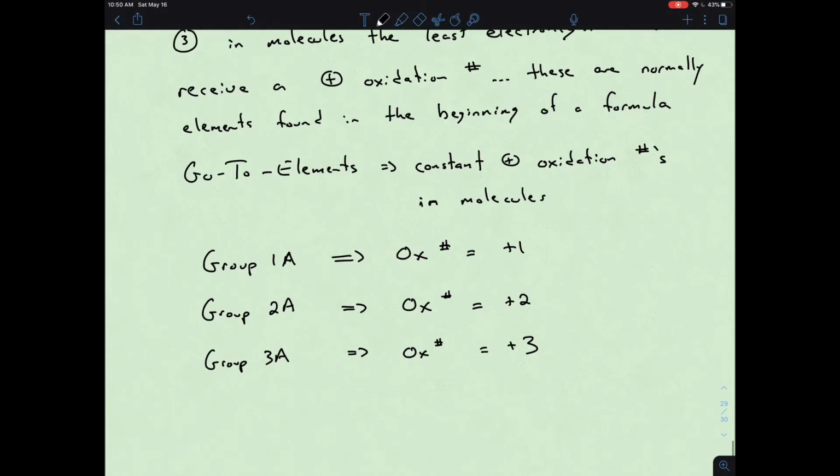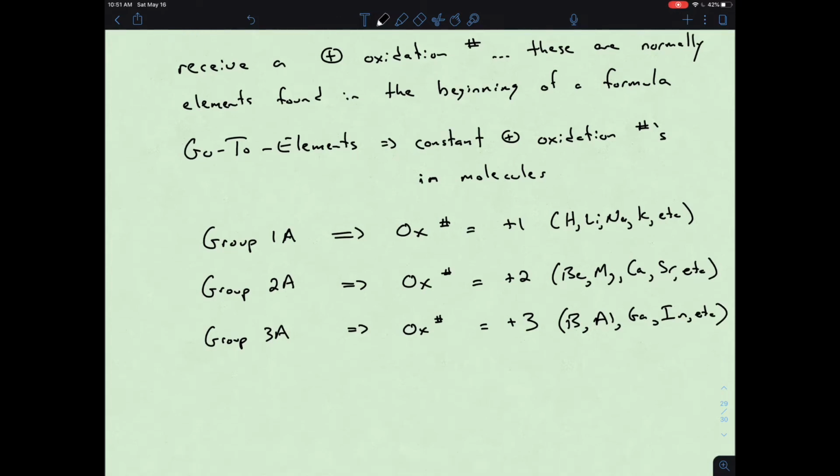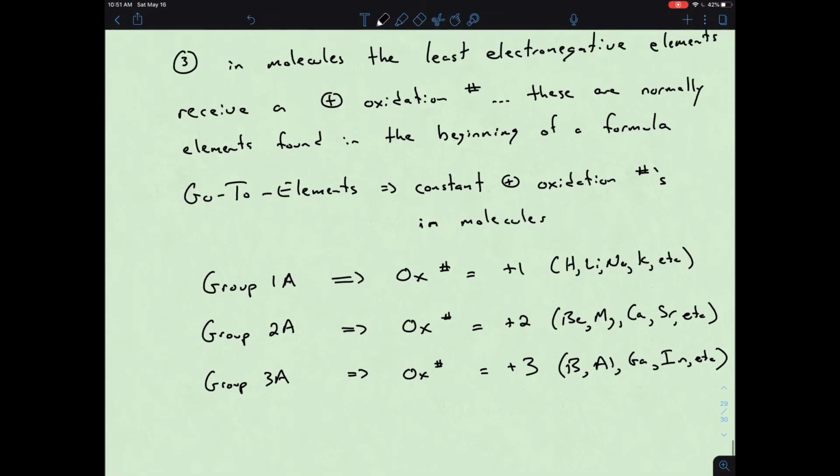If we're looking at the periodic table, with group 1 you're looking at hydrogen, lithium, sodium, potassium, etc. With group 2, we're going from beryllium to magnesium to calcium, strontium, etc. And with group 3, we're looking at boron, aluminum, gallium, indium, etc. Those are all really good go-to elements when we get to a molecule.